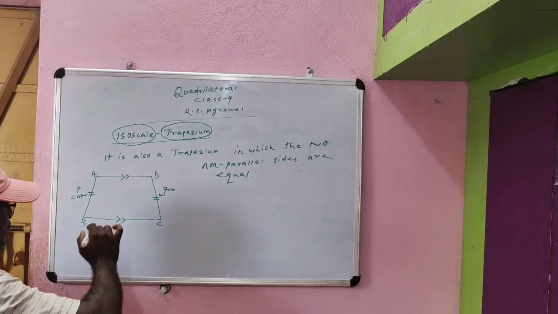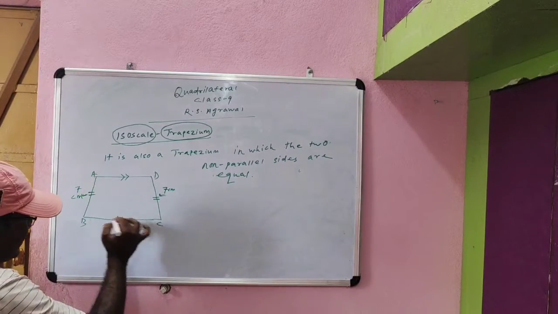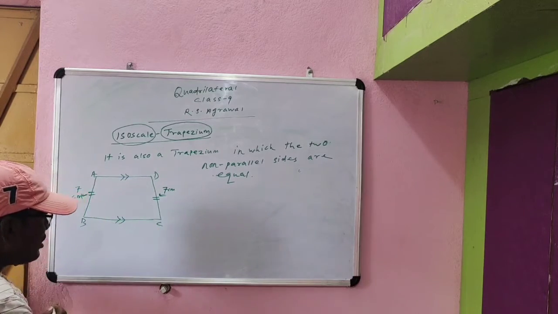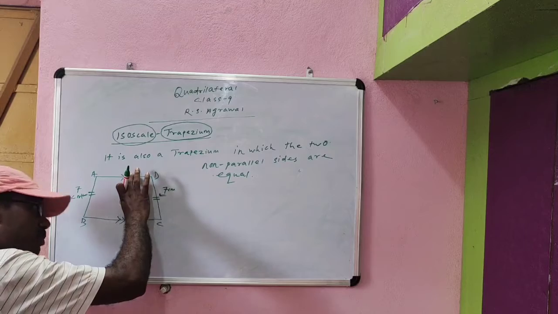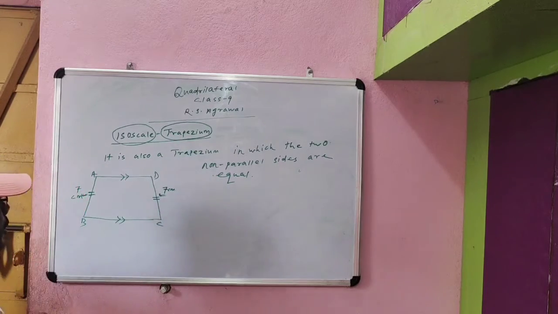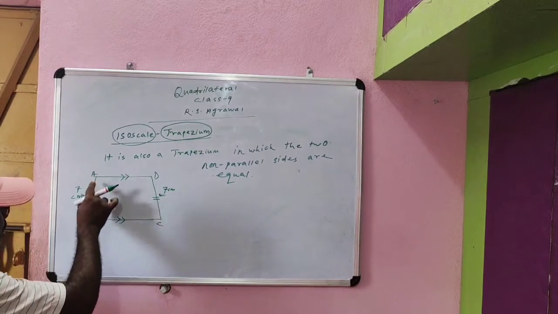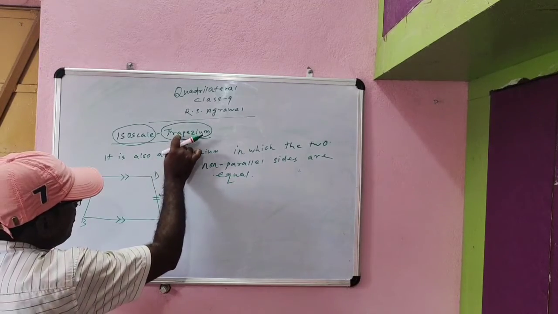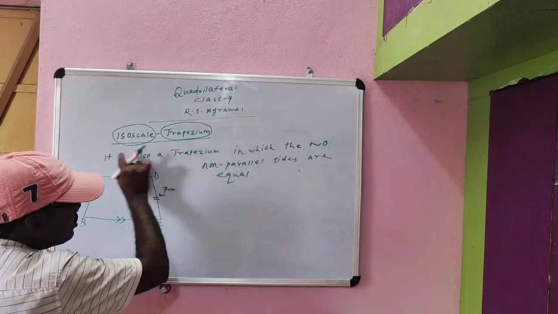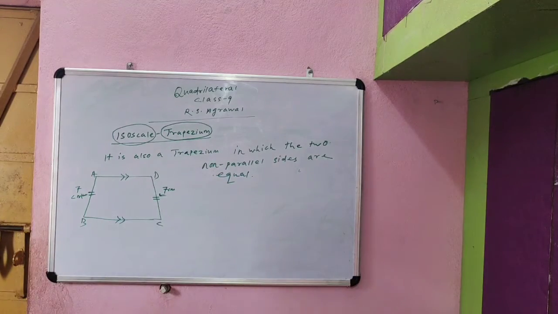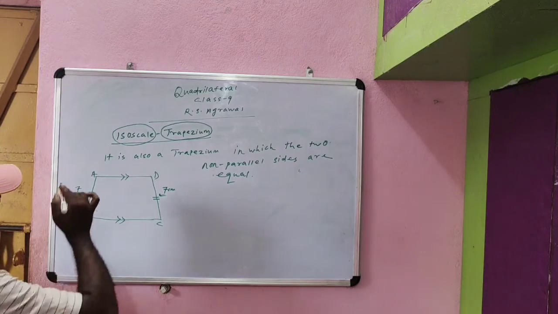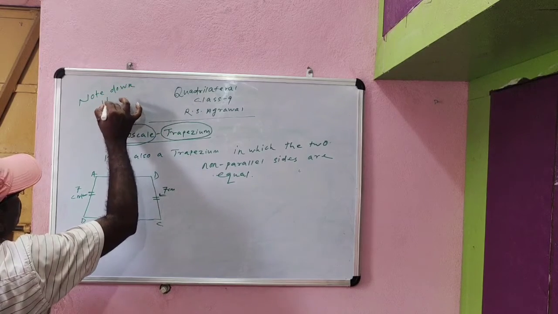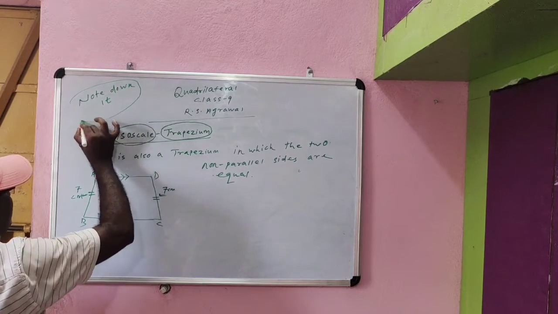So finally, it is ABCD trapezium, this side is parallel to this side. One pair of opposite sides is parallel, so it is called trapezium. As these two non-parallel sides are equal, such a trapezium is called isosceles trapezium. Note it down, or you can take a screenshot.